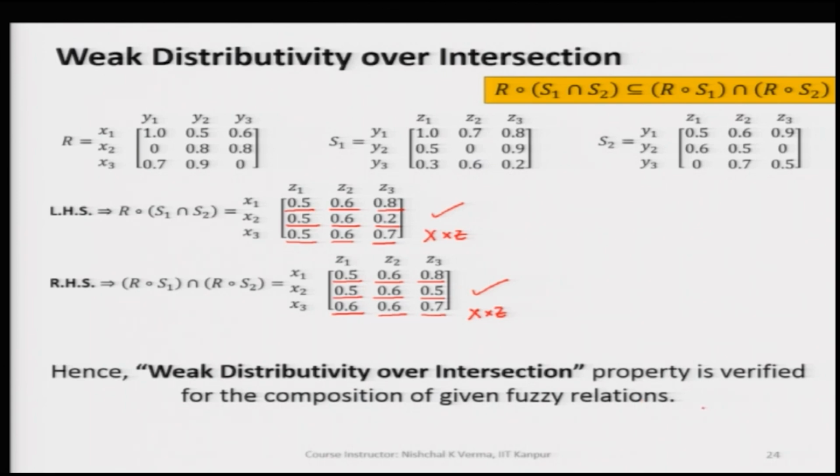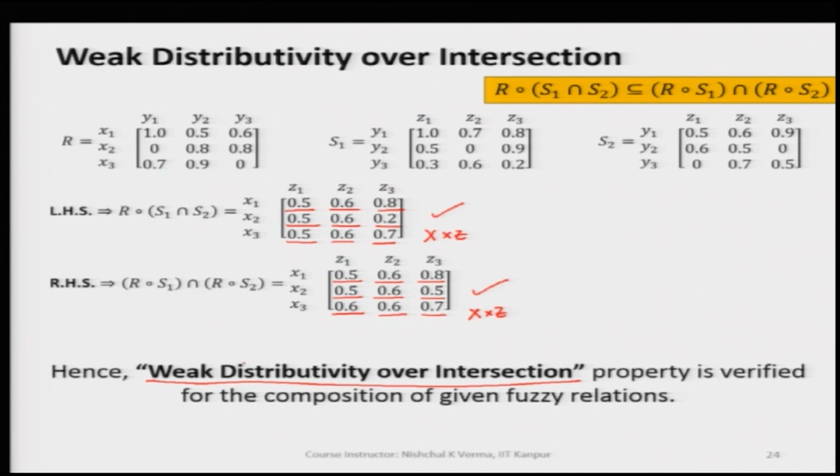We see that every element of LHS is either less than or equal to the corresponding element of the RHS fuzzy relation matrix. So, this way we can say that the fuzzy relation sets R, S1, S2 hold good here, or we can say they satisfy the weak distributivity over intersection criteria.